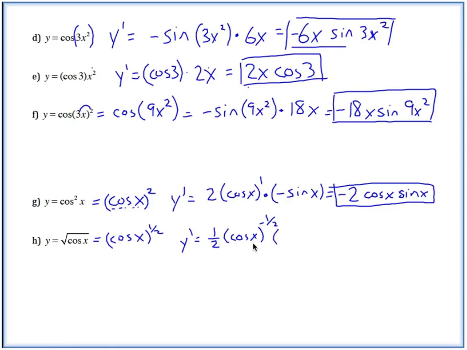And then we still have times the derivative of cosine x, which is negative sine x. And when we write this, we want to move that negative to the bottom, and then we'll change it back into a square root. So we have negative sine x over 2 root cosine x.